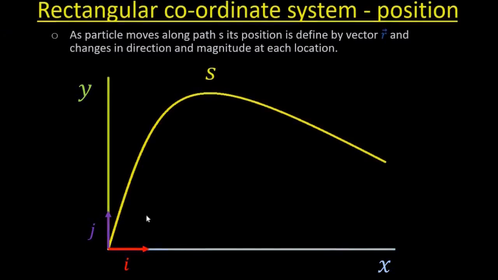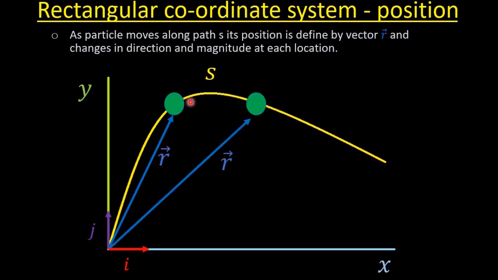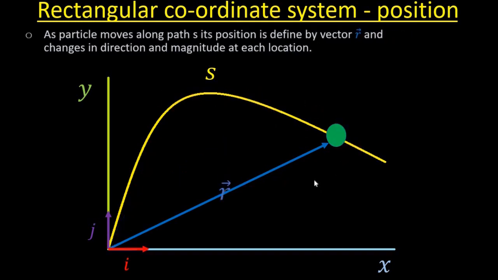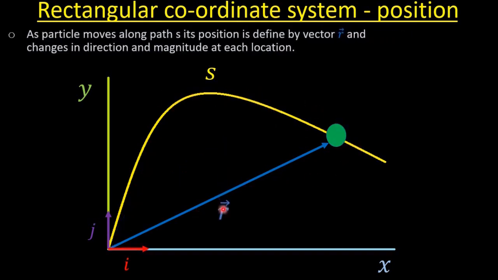So let's draw our arbitrary curve in our rectangular coordinate system, and the distance along that curve is just s. If we have our particle here located at the position r, and then it moves along the path to another position r, that's how r changes as the particle moves along the path. If we just focus on this position now, we can define the position r in terms of its x distance and its y distance.